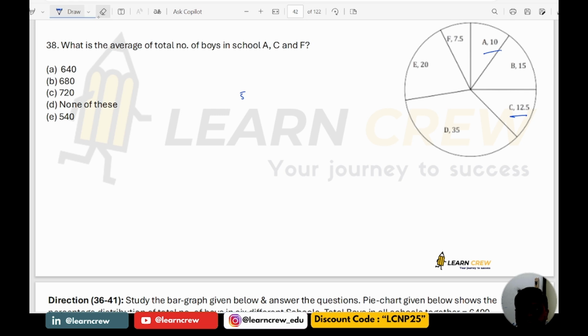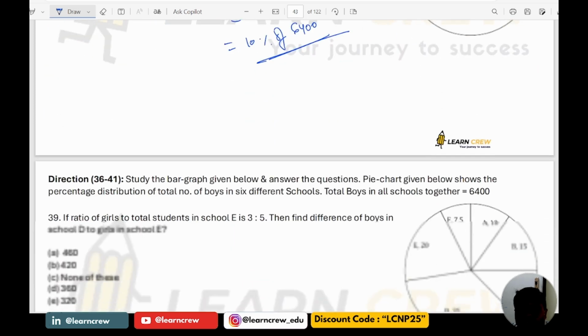It is A, C and F. It is 10 plus 12.5, 22.5 plus 7.5, 30%. 30% divided by 3 is 10%. 10% of 6,400 is 640. So the answer is 640.